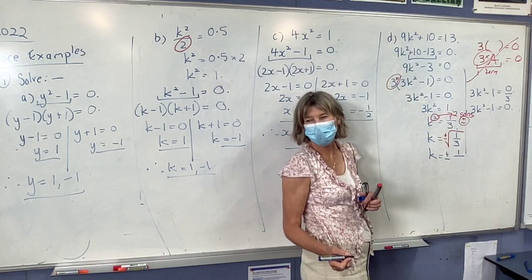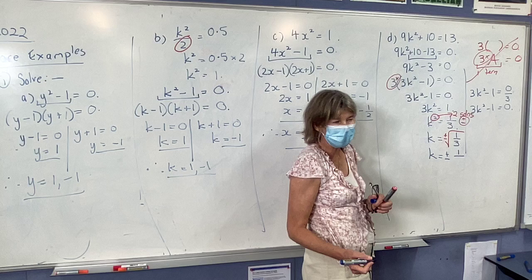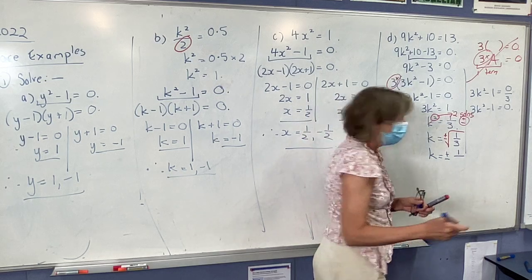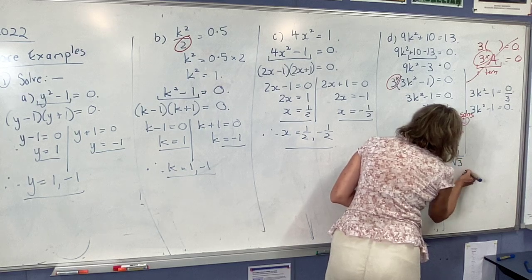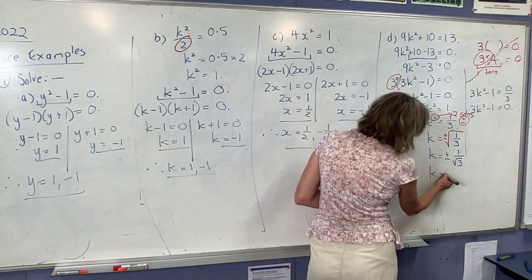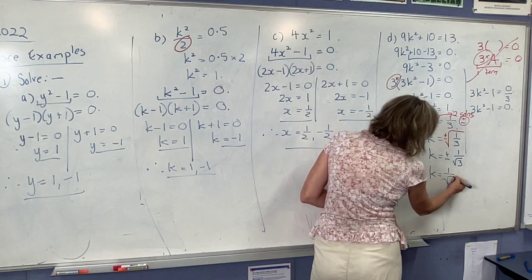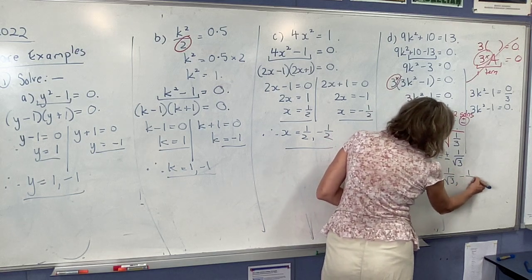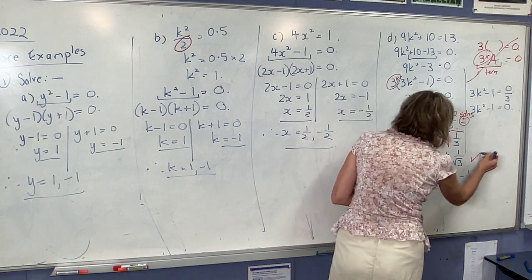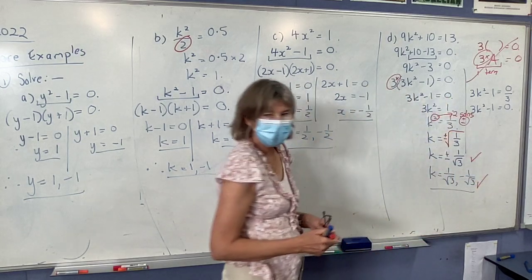Don't use your calculator. Read it to me. Answer is? Lucas? Root 3. That's how you give your answer. You can split it into the 2 answers that it is, 1 over root 3 and negative 1 over root 3. As Mitchell said before, this would give you full marks, so would this, they're both right.